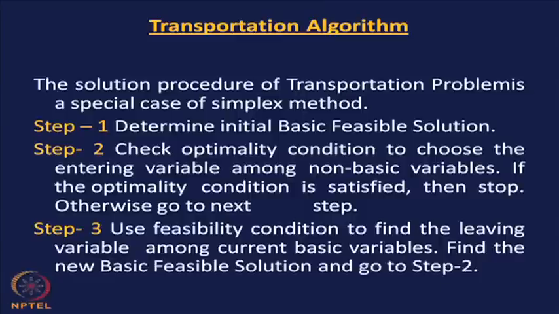In step 3, using the feasibility condition, we find the leaving or departing vector from the current basis, as we did for the simplex algorithm. Then you find the new basic solution, go to step 2, check the optimality again and repeat the process.